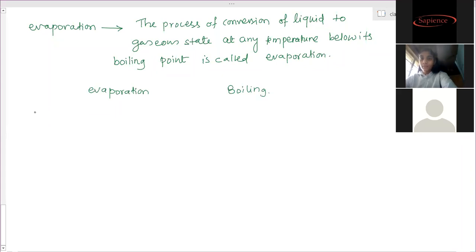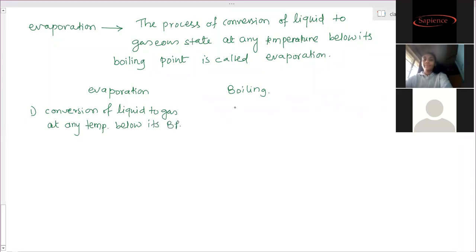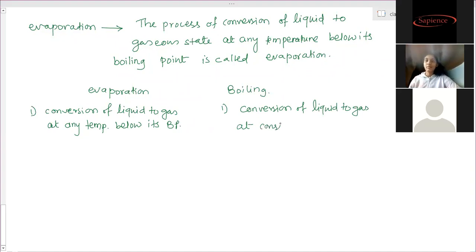First point is the definitions. Evaporation is the conversion of liquid to gas at any temperature below its boiling point. And this one is conversion of liquid to gas at constant temperature called boiling point.